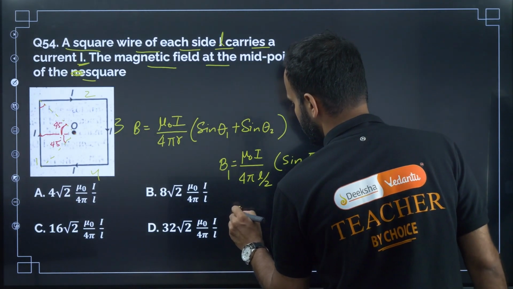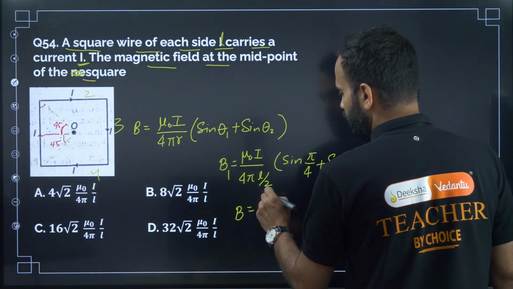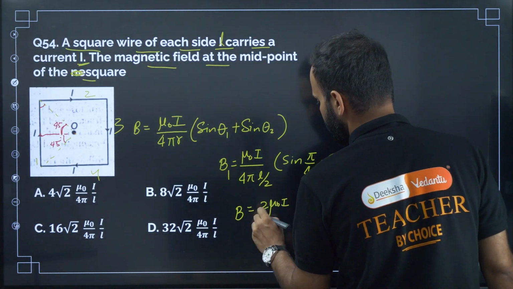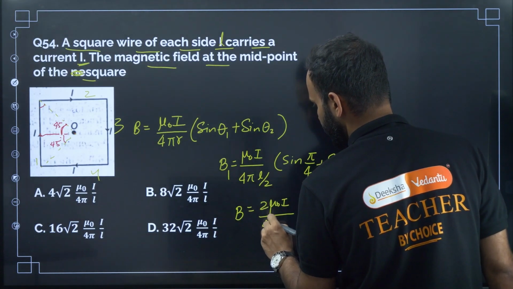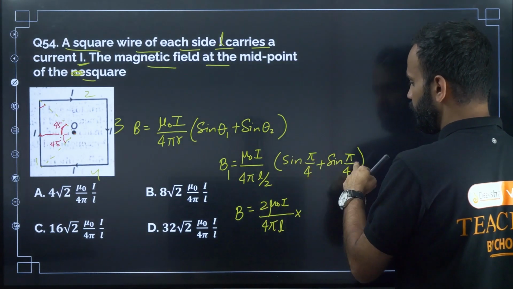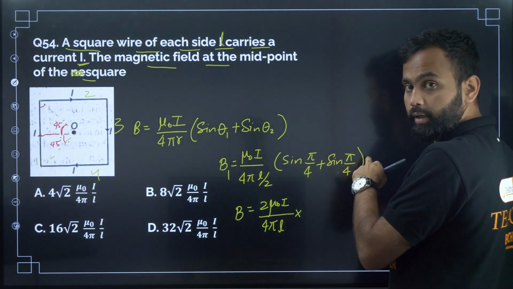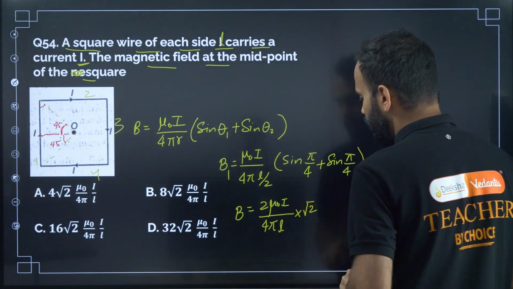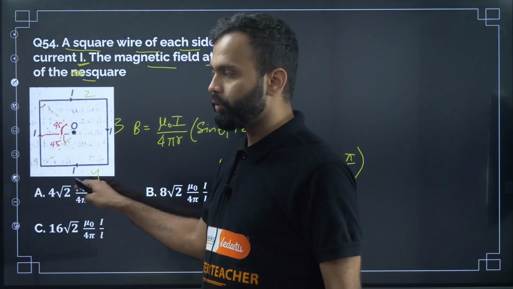So B1 is equal to 2 mu naught I divided by 4 pi L into (1 by root 2 plus 1 by root 2), which is 2 by root 2, which is root 2. So into root 2. How many sides are there? There are 4 sides, right?